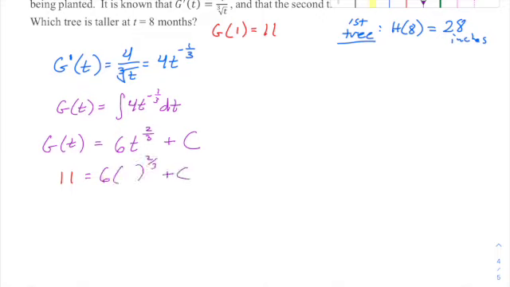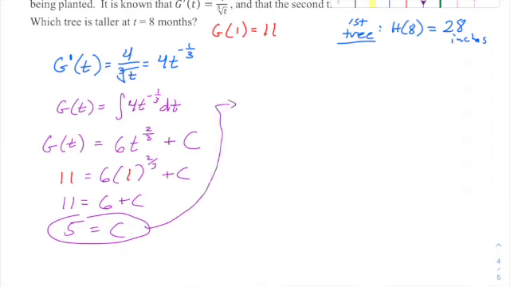A nice convenient value. You're welcome, everybody. And we have that 1 to the 2/3 is 1, so c is equal to 5. And now that c is equal to 5, we know the full equation of g of t is 6t to the 2/3 plus 5. That's that constant we just figured out.